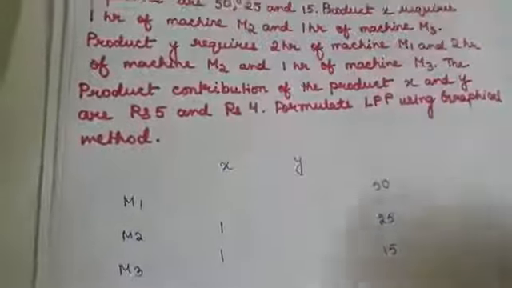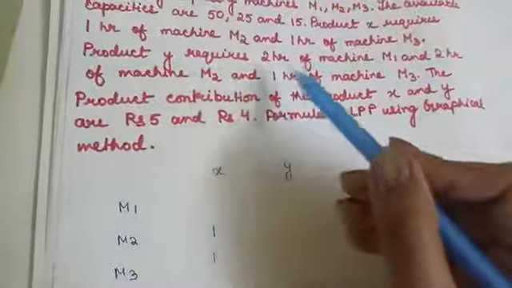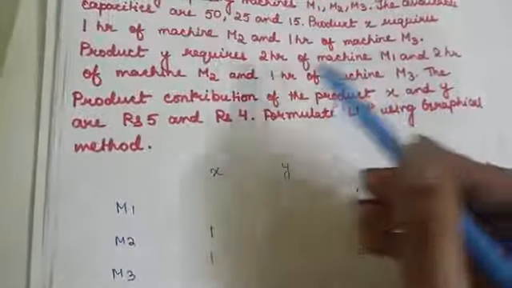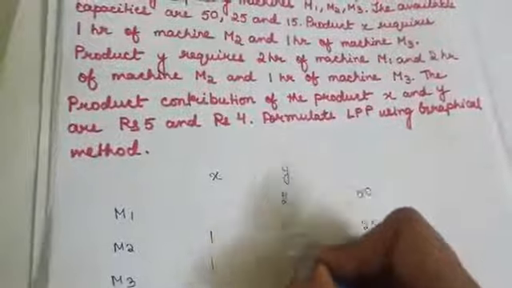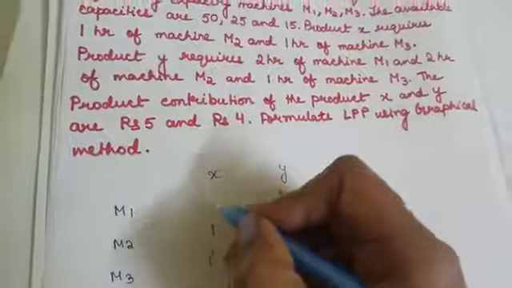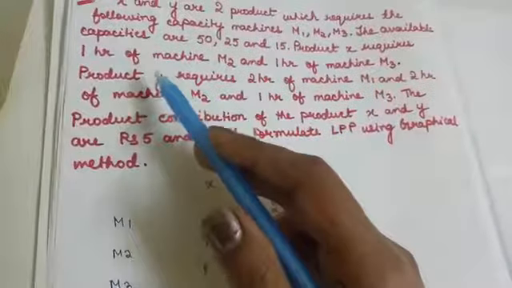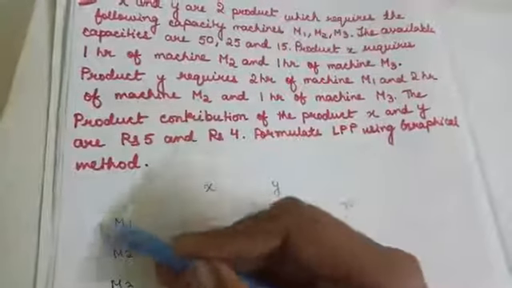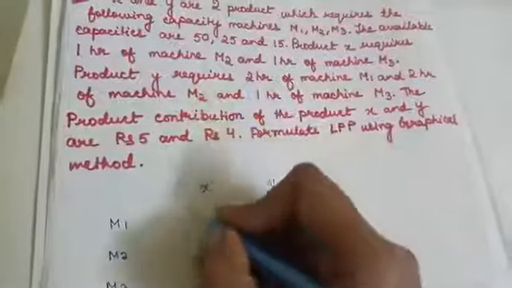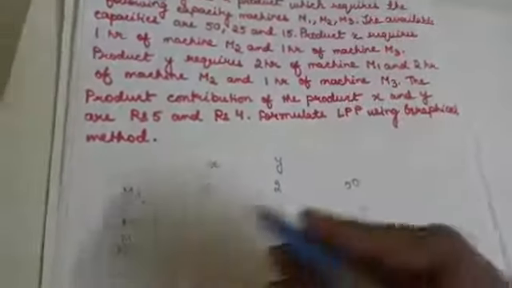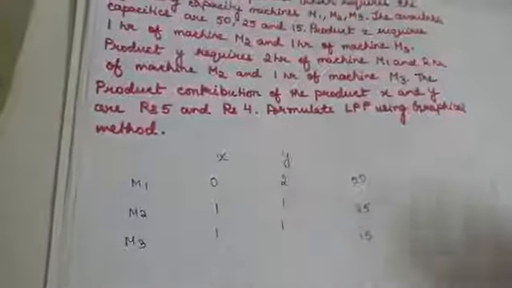As you can see, the next one will be product Y requires 2 hours of machine M1, 2 of M2, 1 of M3. So this will be 2, 2 and 1. When nothing is mentioned in the question, as you can see, product X does not require anything from M1, so automatically this will be 0. Now as you can see, this is kind of like the formation. Now let's proceed.